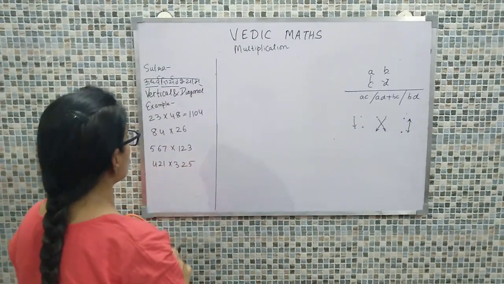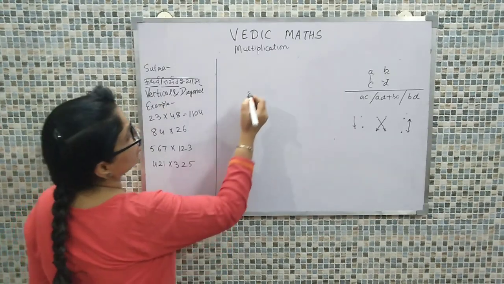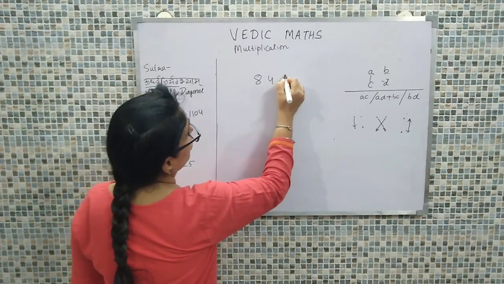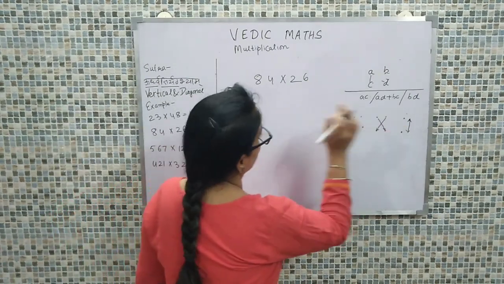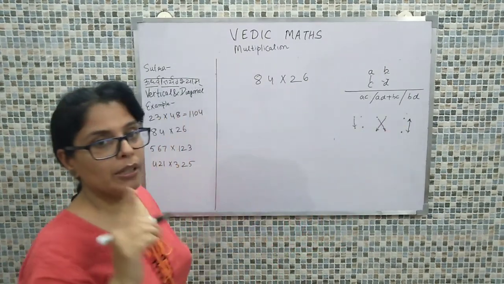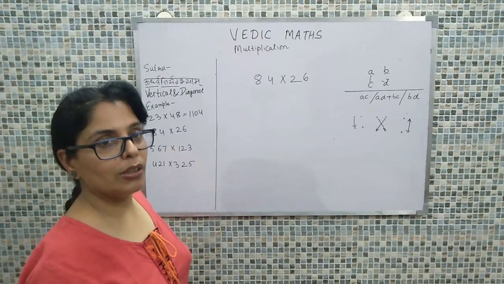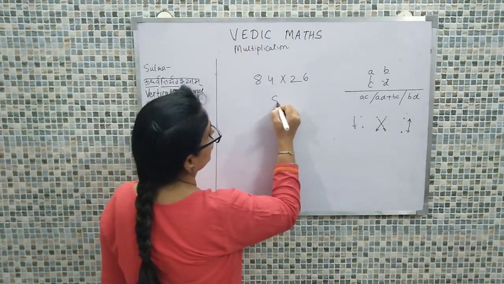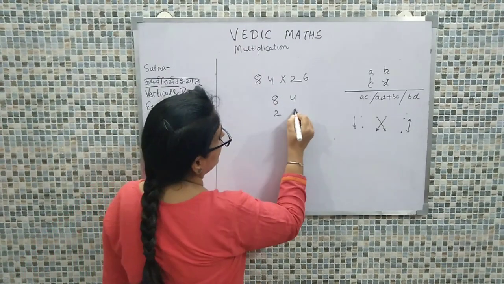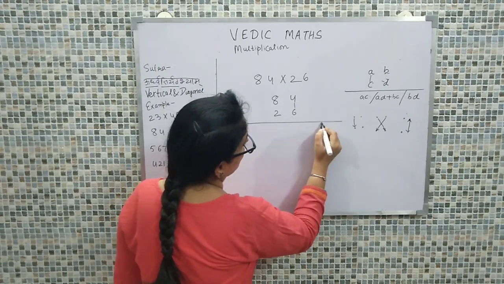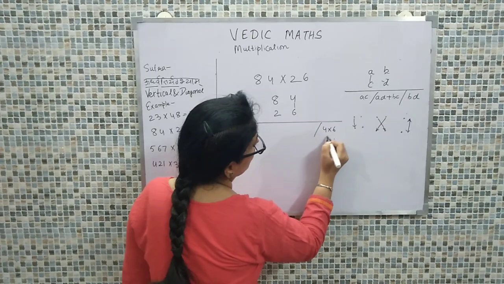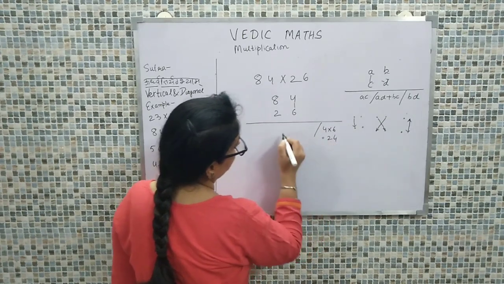Taking the next example, that is 84 into 26. We use the same rule. First vertical, then diagonal, then vertical. So 84 and 26. First is vertical, 4 into 6, that is 24.